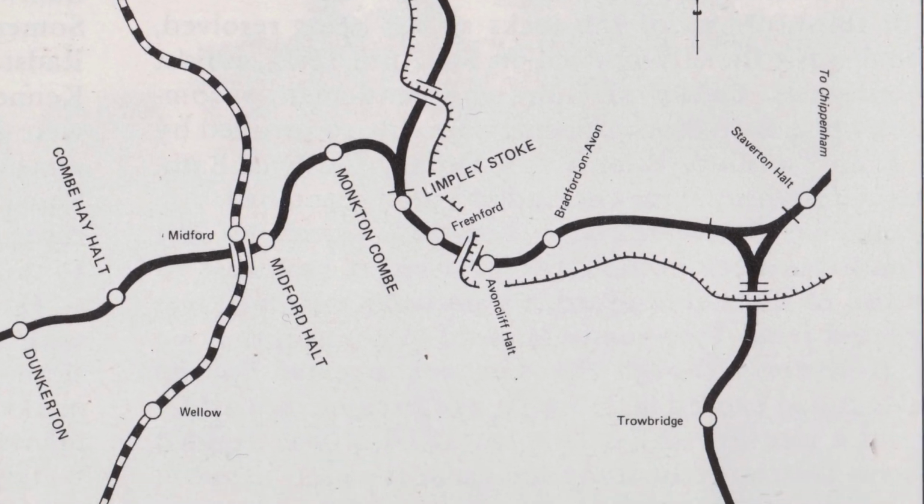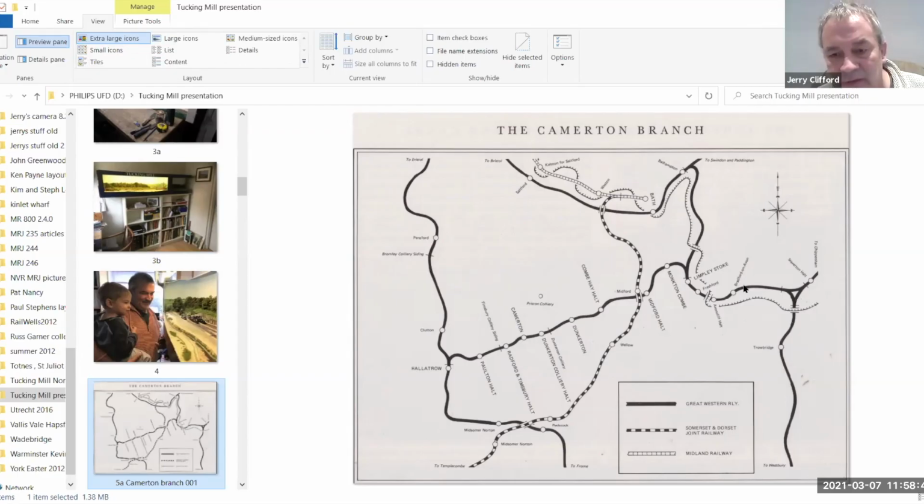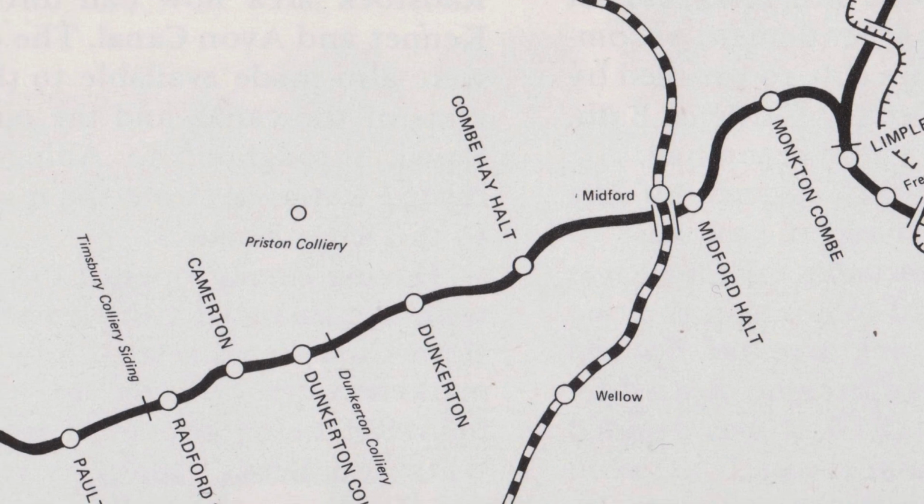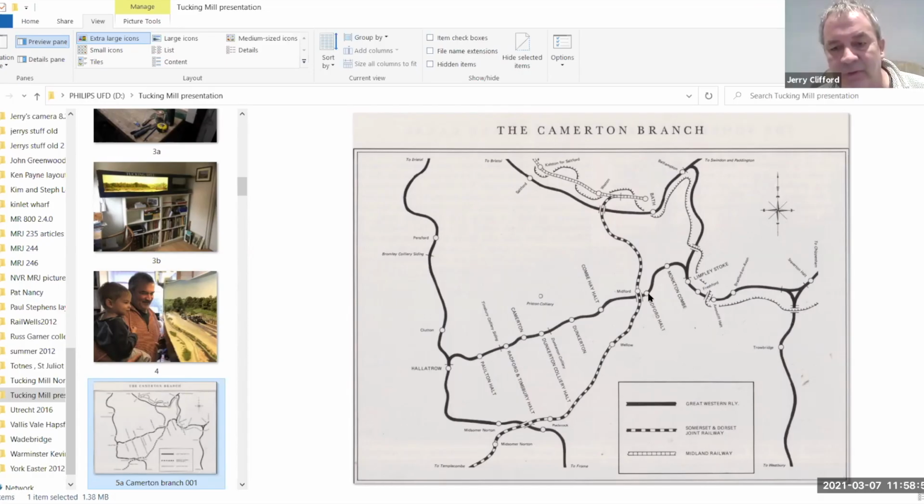That's the Great Western across the top there, and the Great Western here. This is the Cam Valley line, the line that was actually built from Limpley Stoke through to Hallatrow. And as I say, this is the line that the famous Titfield Thunderbolt was filmed on. My little line, the North Somerset Light Railway, essentially follows this exact same route here.